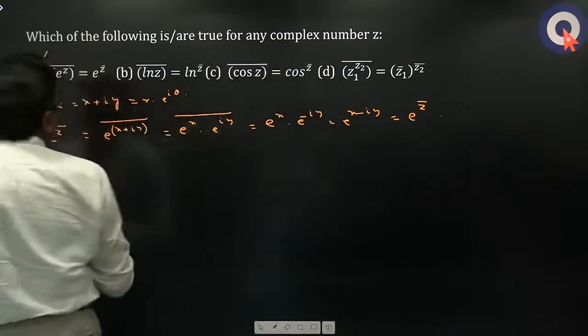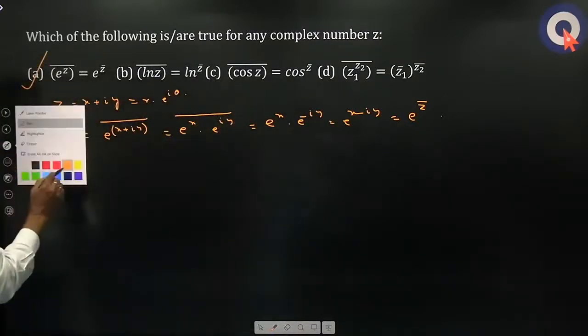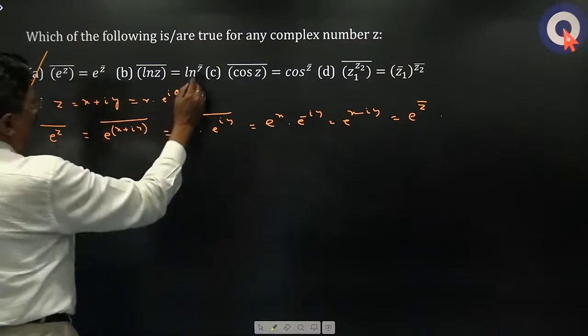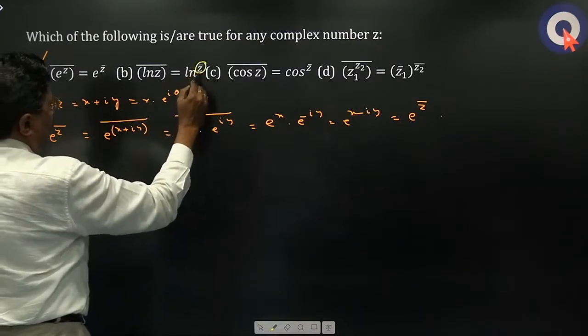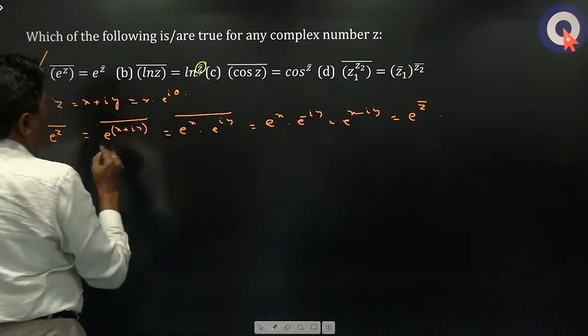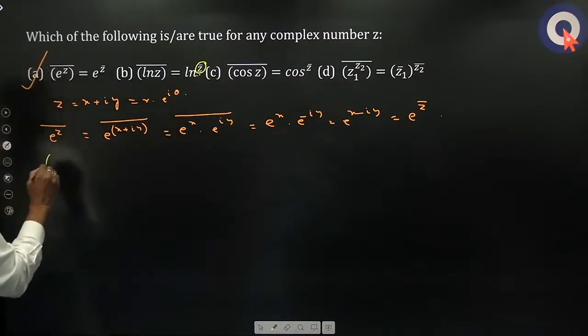Next, option B. So here, just write this as log z bar. So here the question is log z bar.